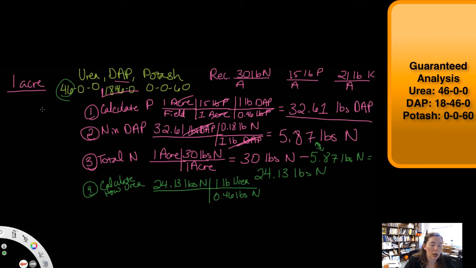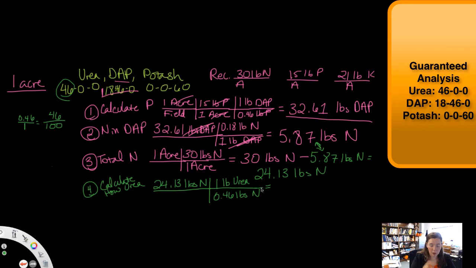And if you still have trouble just remembering that, if you need to do a calculation, then you can say there's 46% out of 100, so there's 46 pounds in 100 pounds. If I'm trying to do a cross multiply and divide for two ratios, and I want to know what's in 1 pound, then I can multiply these two numbers and get 46, divide by 100, and you get 0.46, which is where we're getting this.